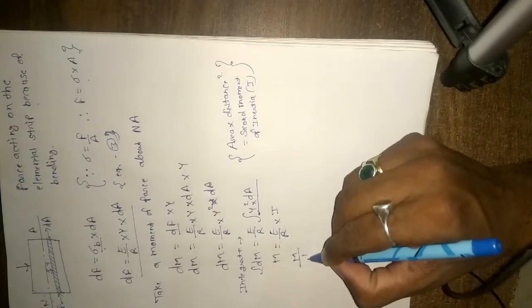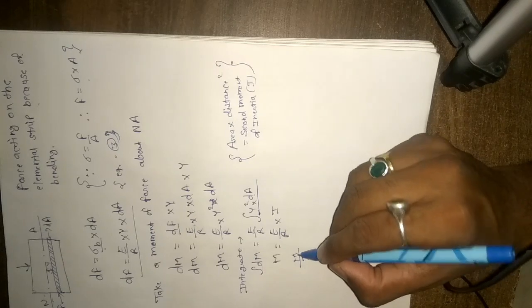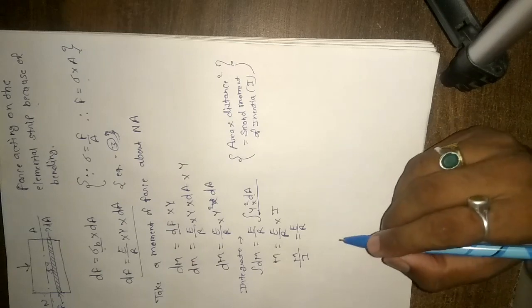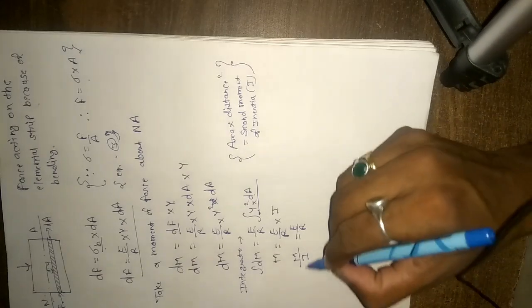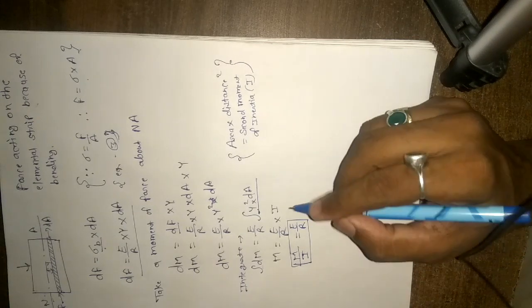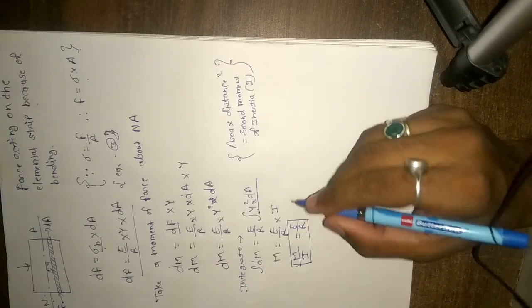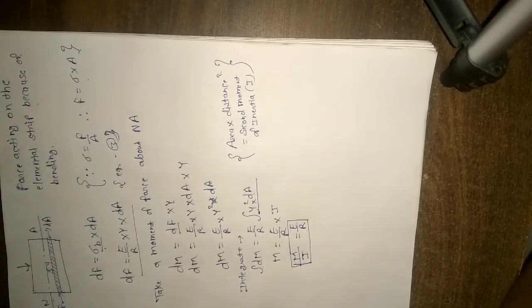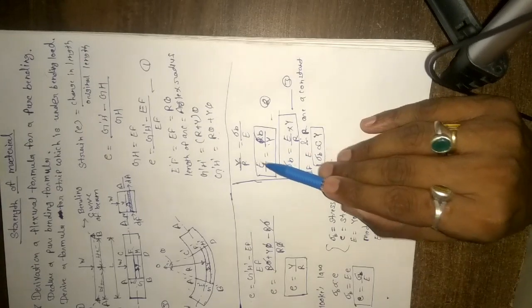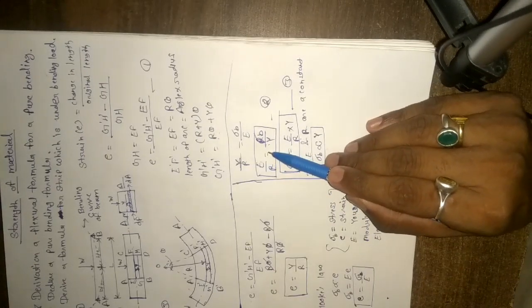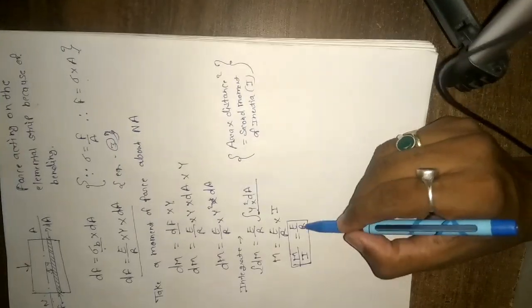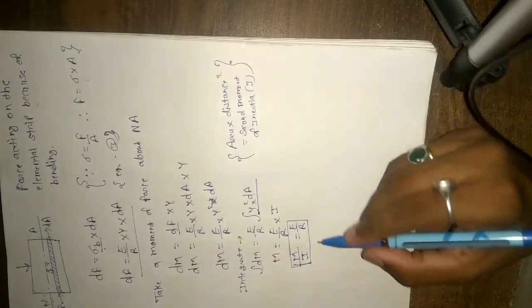So M upon I equals E upon R. This is again a relationship.